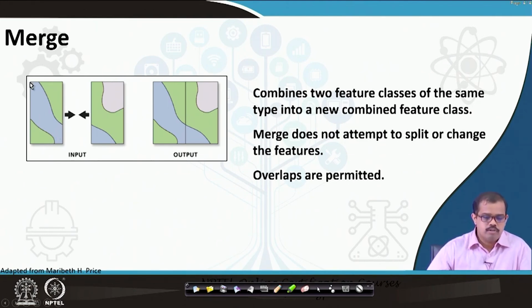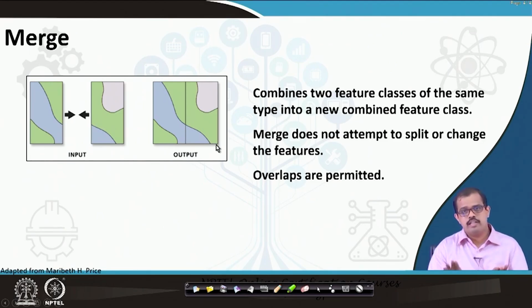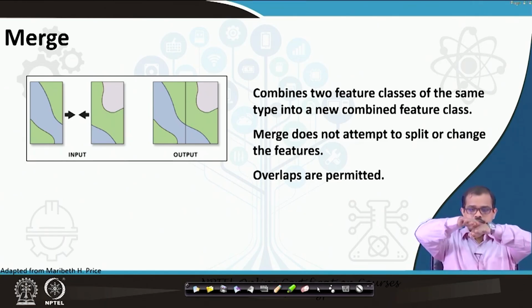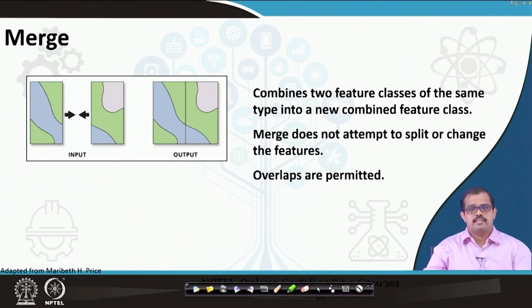Now I want to combine both to be represented in a single map. So you input both map A and map B, and then use merge. It looks at the common boundaries. If there is an overlap, for example, this image is covering this area and this image is covering more area than the previous one on the left.